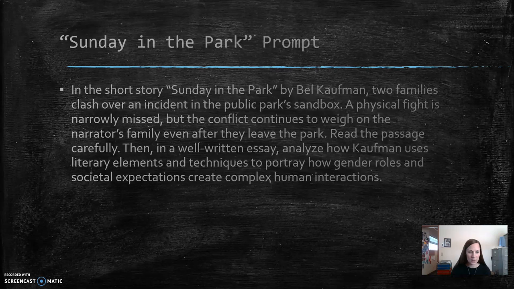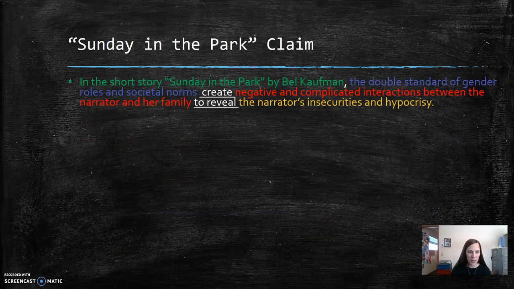Okay, let's get another example, Sunday in the Park. So in the short story, Sunday in the Park by Bel Kaufman, that's my tag. The double standard of gender roles and societal norms create, so there's my strong verb, negative and complicated interactions between the narrator and her family to reveal the narrator's insecurities and hypocrisy.